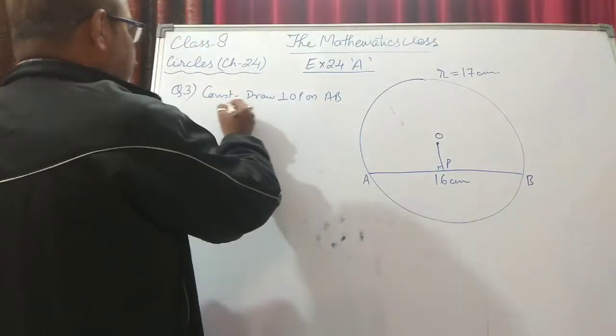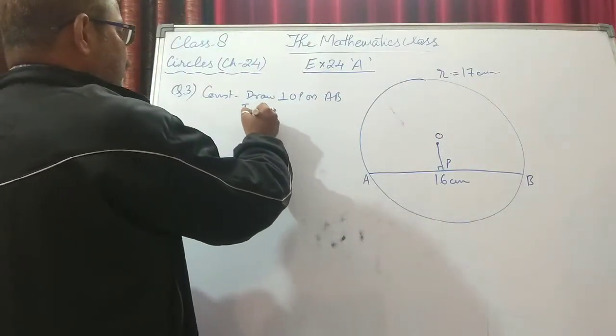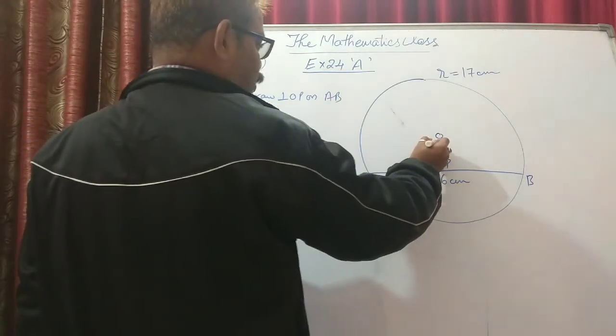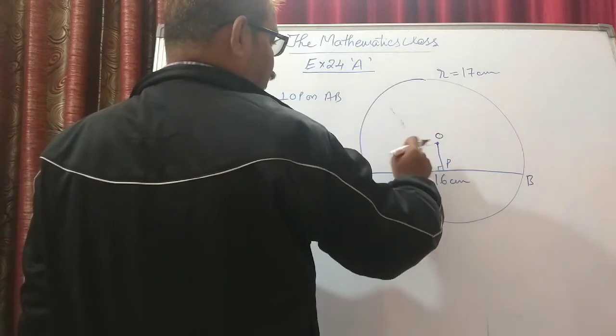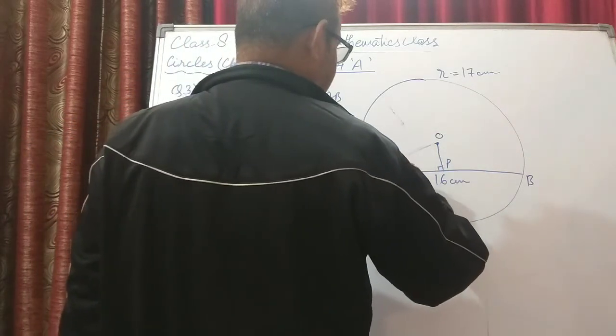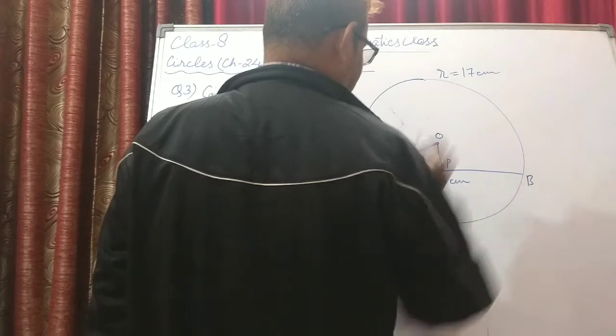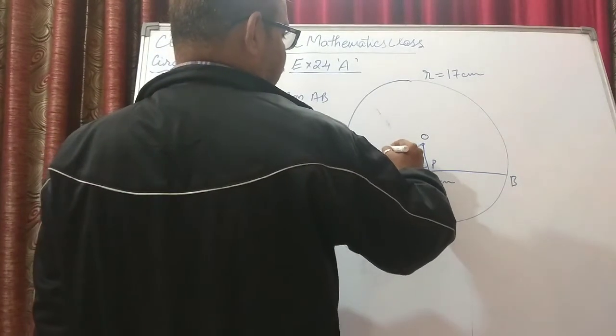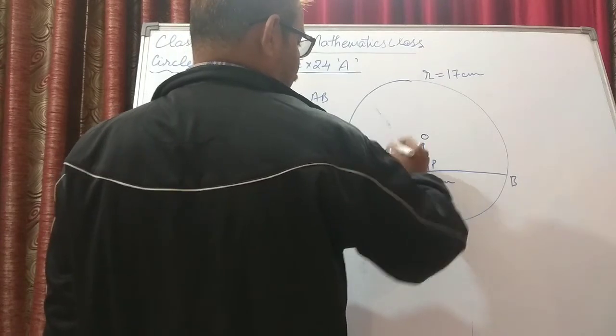And then we will join. You want, you can write, otherwise no need to write. Join OA. So when we join OA, like this, OA will be used as radius and radius is given 17 centimeter.